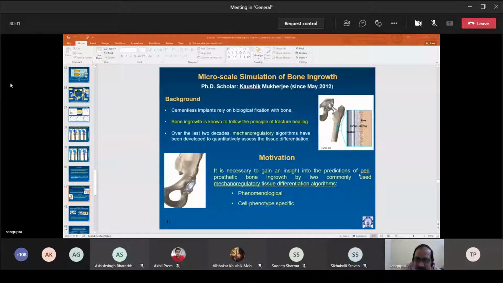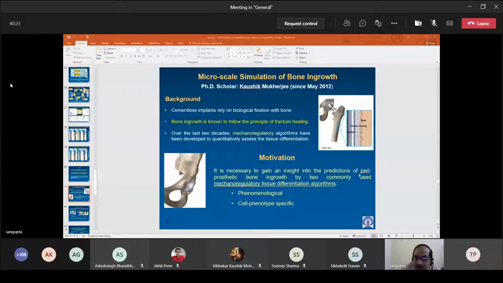Kaushik Mukherjee was my PhD student, the last PhD student. Another one, Basil, is maturing. Kaushik did very well in his career later on. He was a Marie Curie fellow, working with Imperial College London, and he was given the Marie Curie Award.